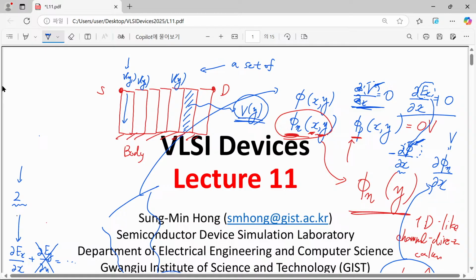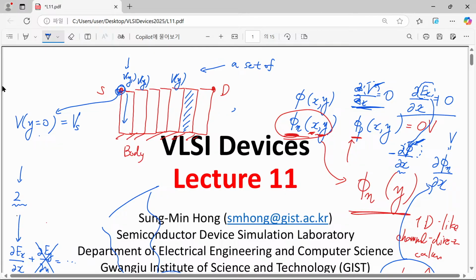And the other one is the boundary conditions. So what will be this V at Y equal to 0? That is exactly equal to the source voltage, as we discussed previously. And in the case of our drain end, please try to estimate the boundary condition for our electron quasi-Fermi potential.